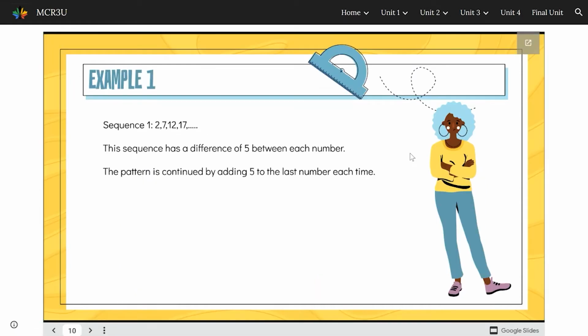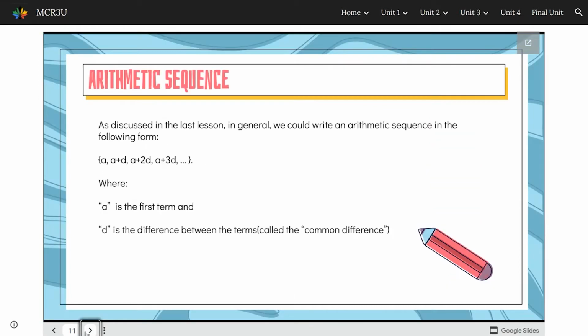Next, example 1. This sequence has a difference between each number. The example helps you understand. Again the same example: what is the arithmetic sequence, and how can we find it?